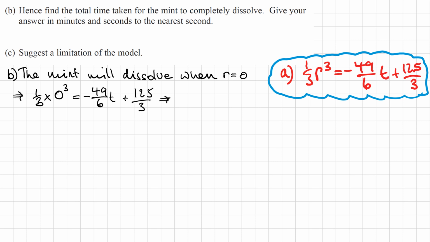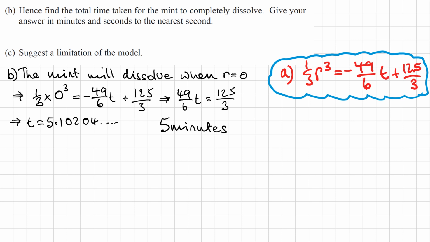So we've got 49 over 6t is equal to 125 over 3. Solving that for t, I get as a fraction 250 over 49, which is 5.10204 and so on. So we need to give this answer in minutes and seconds. Well, I can see that it's 5 minutes.